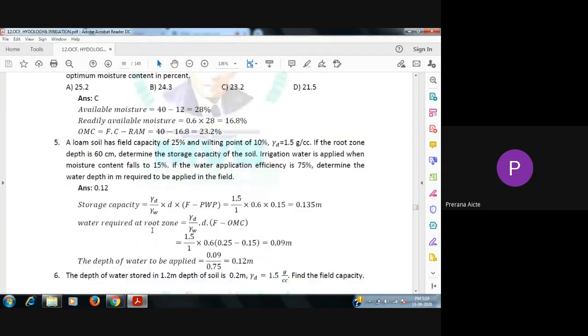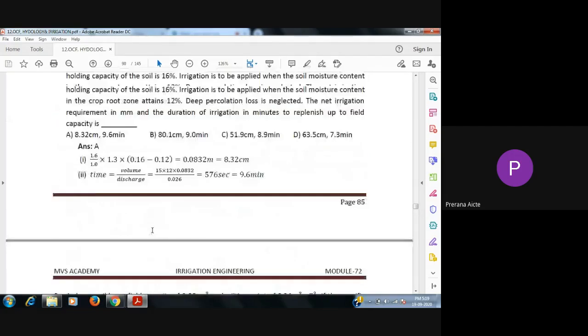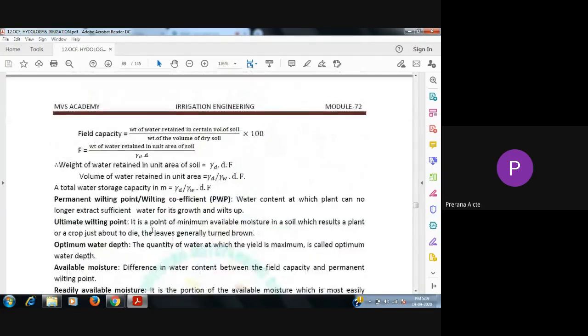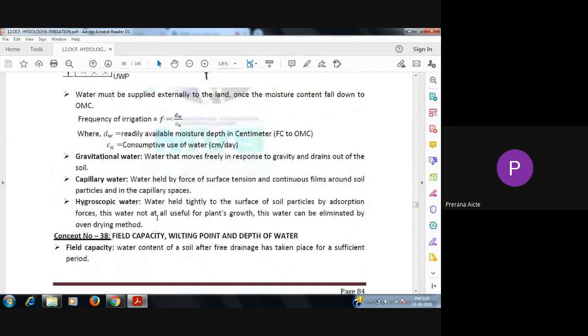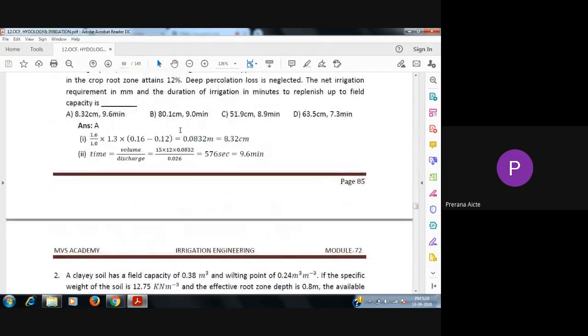Let's see the formula. Frequency of irrigation is equal to depth of water or readily available moisture depth in centimeter by consumptive use of water. So we are supposed to substitute that formula here also.